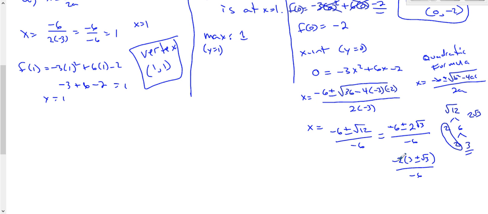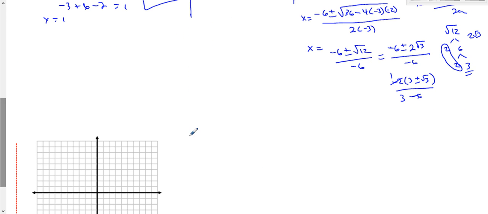And negative 2 over negative 6 will cancel out to be 1 over 3. Then I will get 3 plus the square root of 3 over 3, and 3 minus the square root of 3 over 3. I can simplify this by splitting it up into 2 separate fractions. And 3 over 3 is 1, and the square root of 3 over 3 is just the square root of 3 over 3.